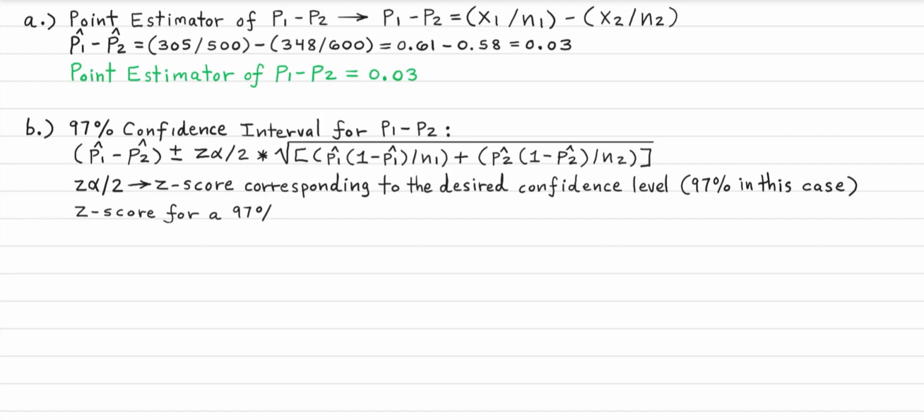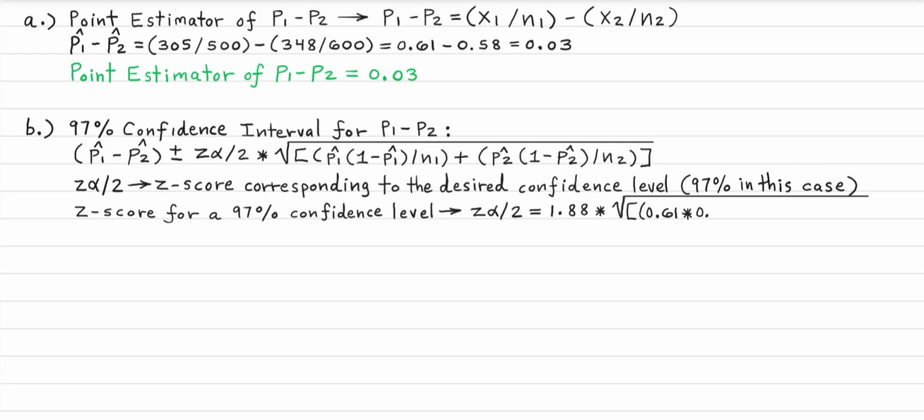So the Z-score for the 97% confidence level, the application of Z alpha divided by 2, is equal to 1.88 times the square root of the equation's quantity.